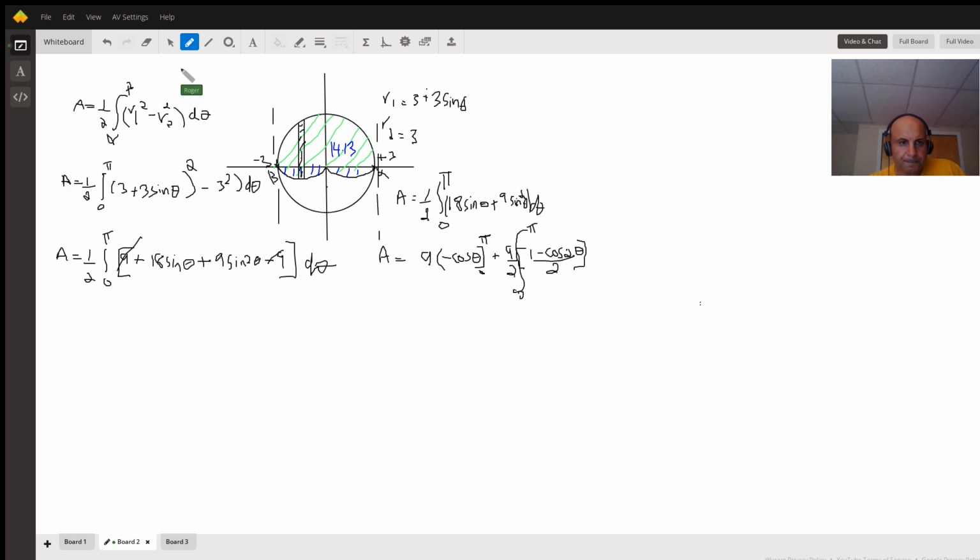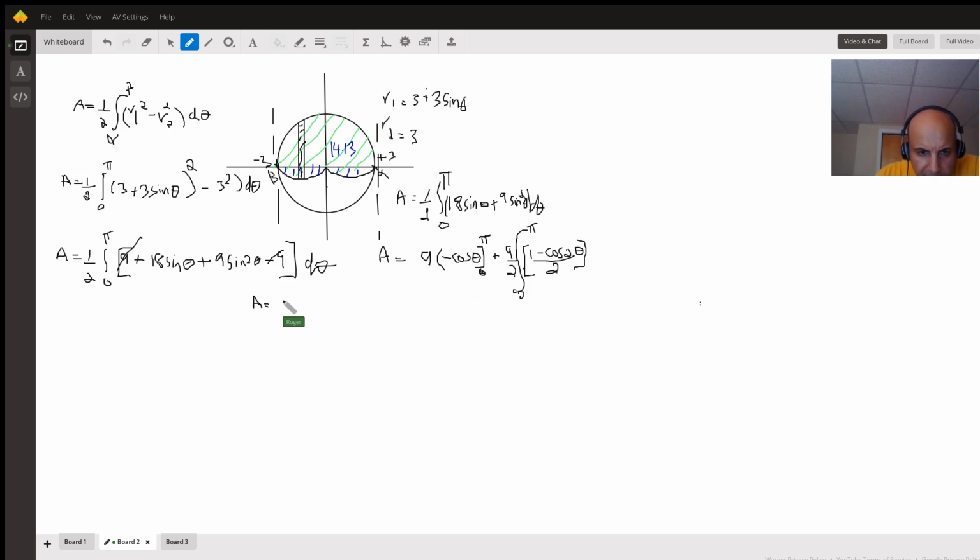Okay, make this a bit more legible. So I could write that down as A is equal to minus cosine theta from pi to 0.